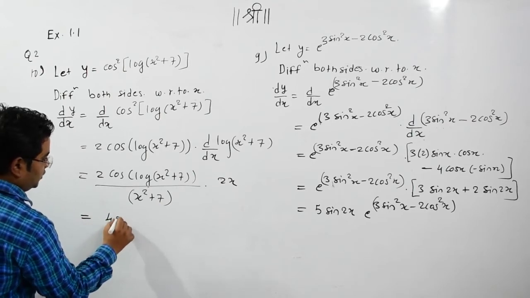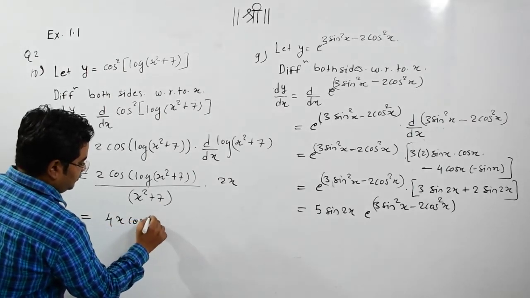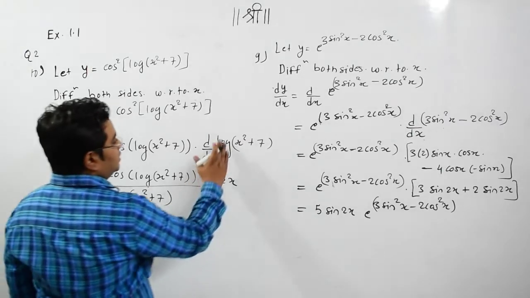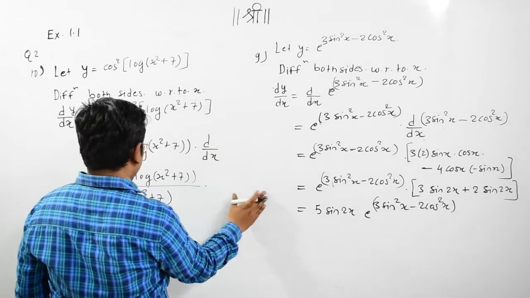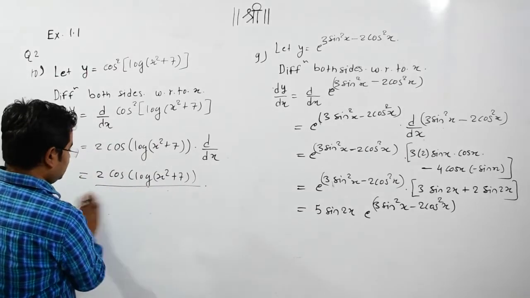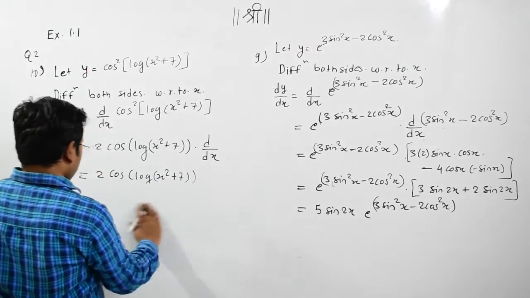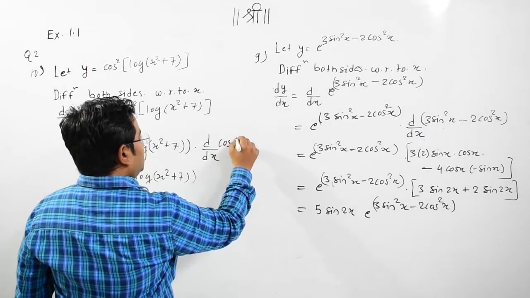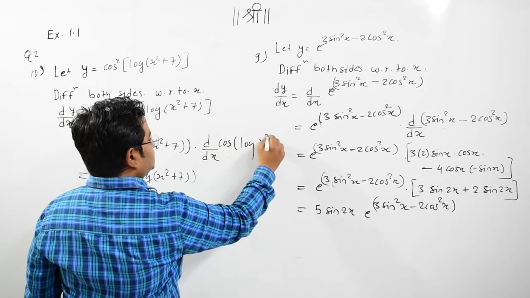So 4x cos of, oops, one big mistake. It should not be like this. We are doing so many different or improper things. Here should be cos of log of (x² plus 7), minus sin of log of (x² plus 7).